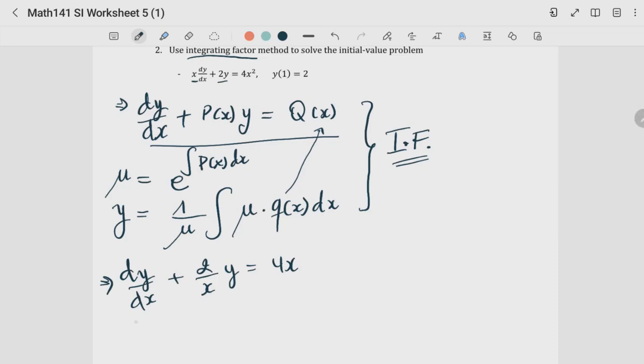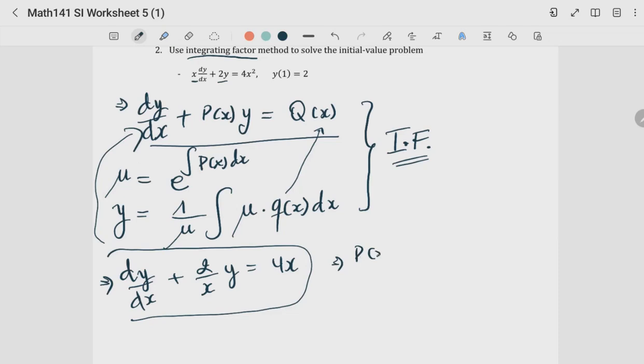And immediately you can see that we have already gotten our equation into the general form that we're looking for. And that means that our p of x is equal to 2 over x, and our q of x is just equal to 4x.